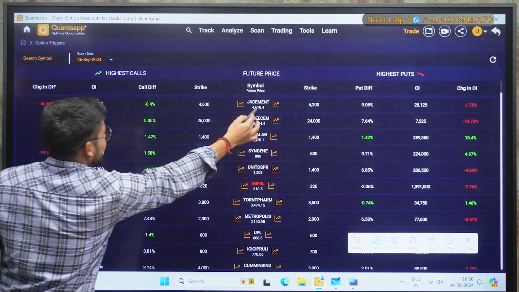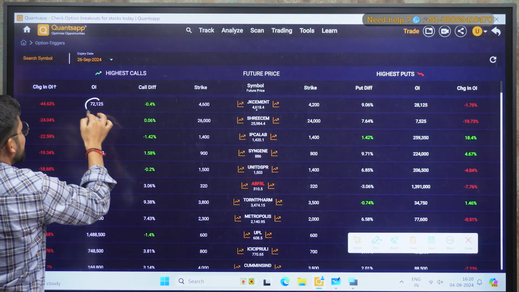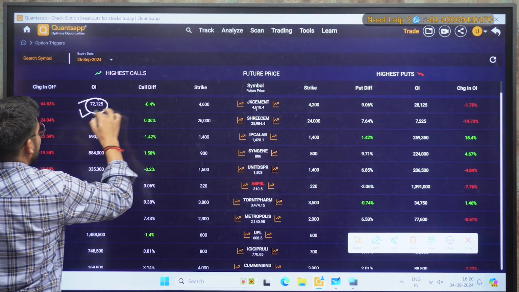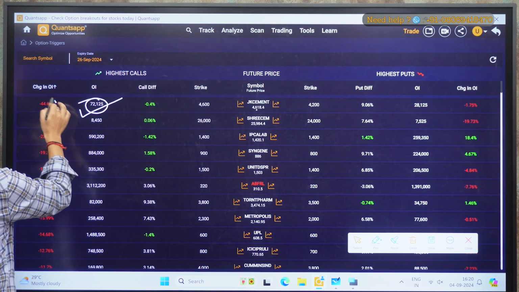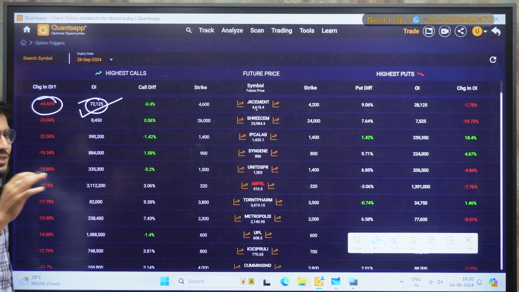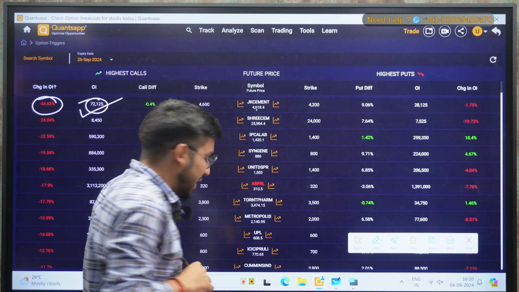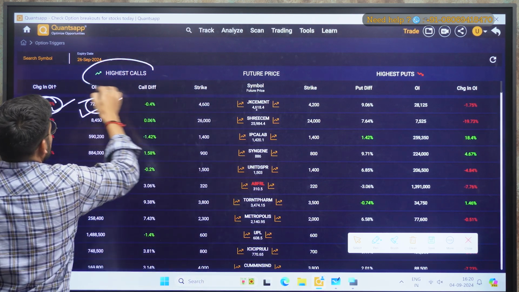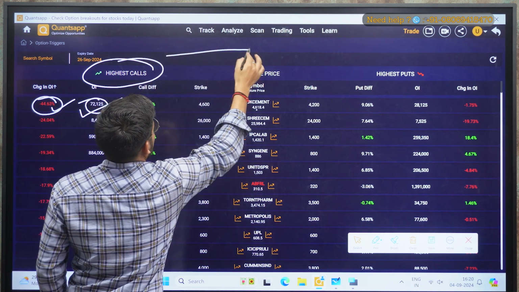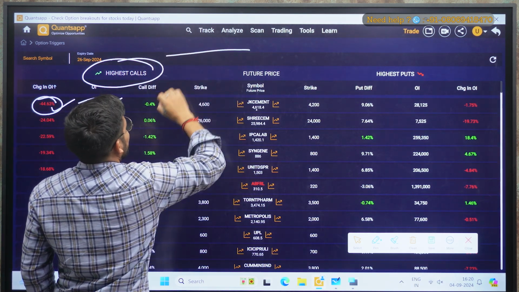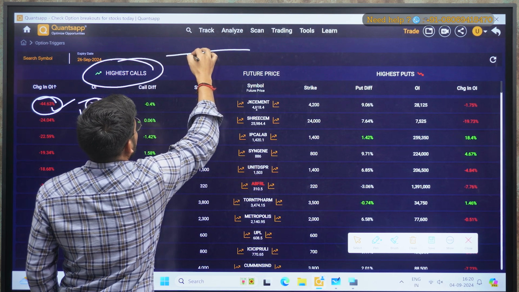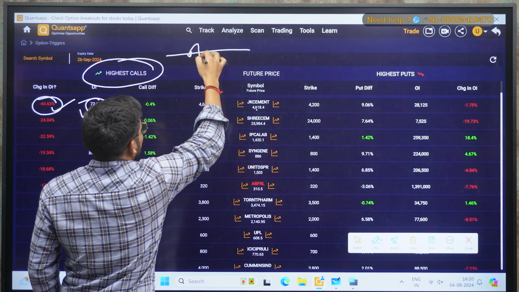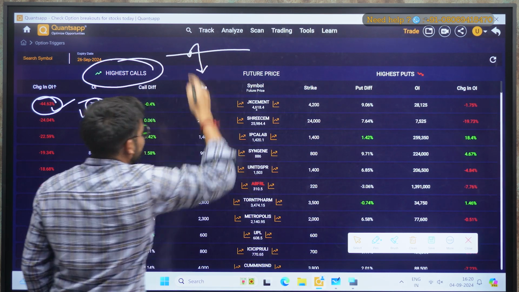In JK Cement, I can see there was an OI of 72,125, and from this 72,125, there is a change of 44.63. It means approximately 45% of OI has been decreased. So as I'm seeing the call side, the call sellers are those who have sold call, so their prediction is that the market will go in the negative direction.